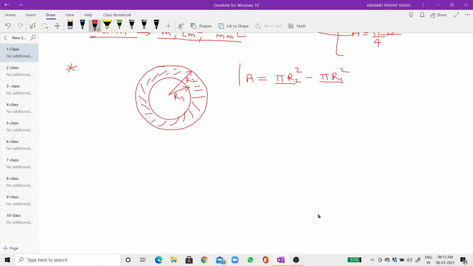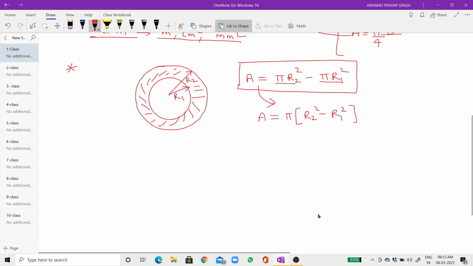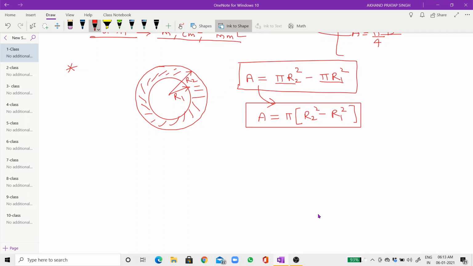So this is another formula. And if you write it in a better way, you take pi common, so pi times r2 square minus r1 square. In this form also you can see it.